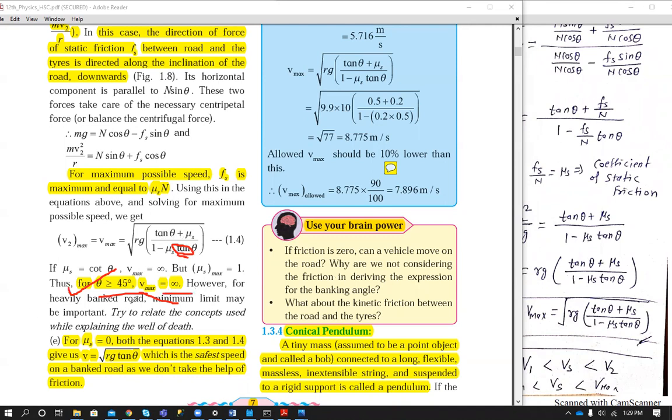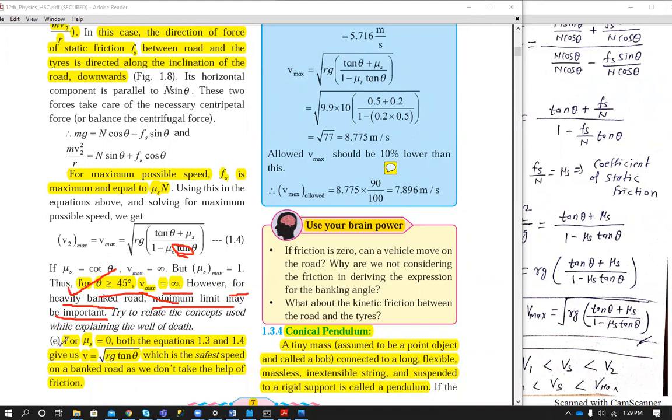In this case, the upper limit is not defined, only the minimum limit is defined. The road cannot be heavily banked. This theta will approximately be not more than 10 degrees, in the maximum case 15 degrees, but there is no condition for making it 45 degrees.